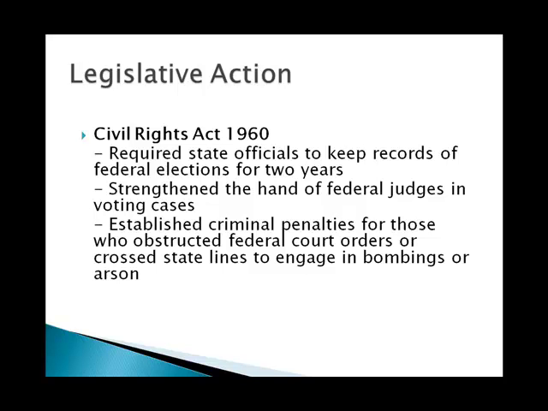It required state officials to keep records of federal elections for 2 years. It strengthened the hand of the federal judges in voting cases, and established criminal penalties for those who obstructed federal court orders or crossed state lines to engage in bombings or arson.